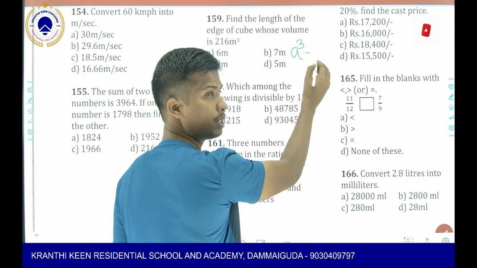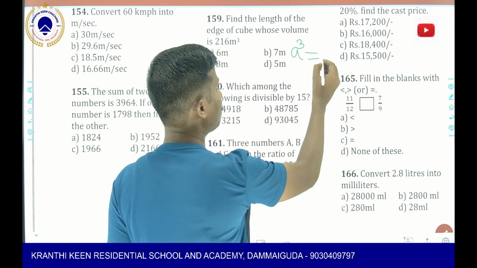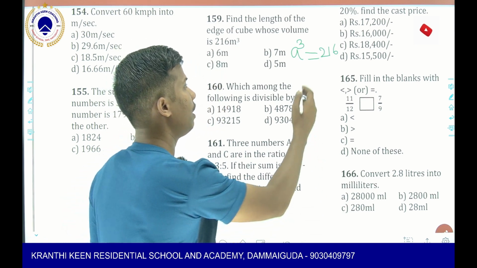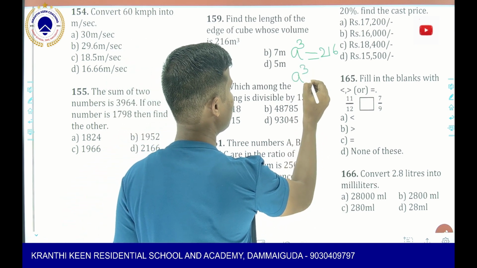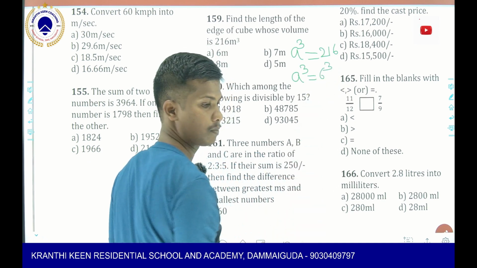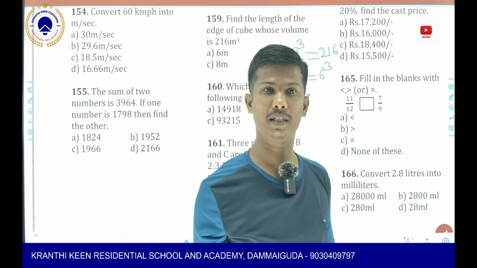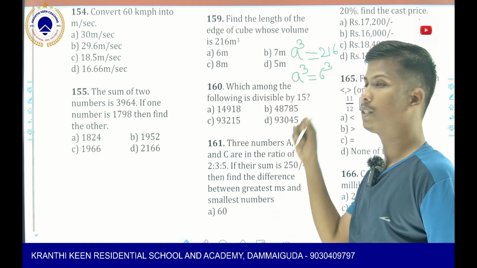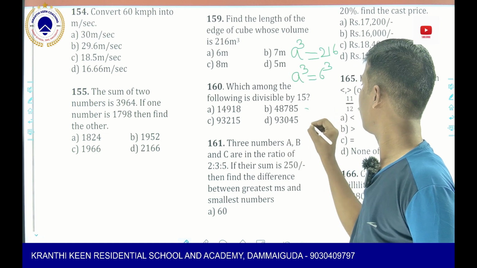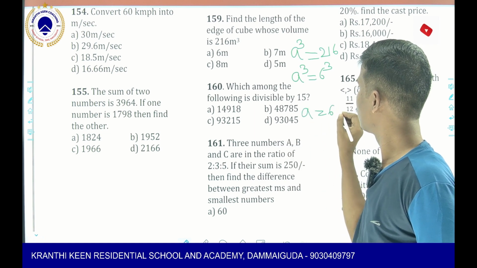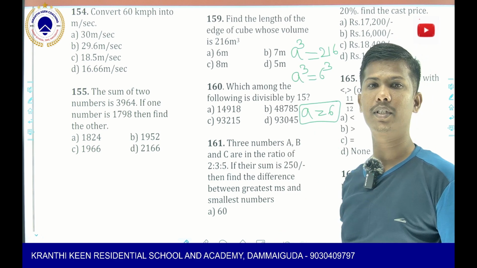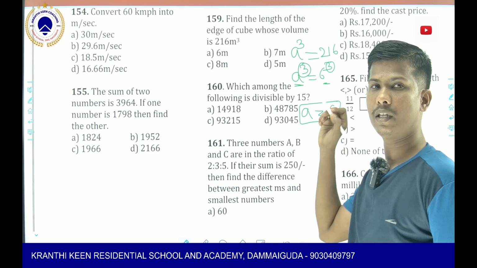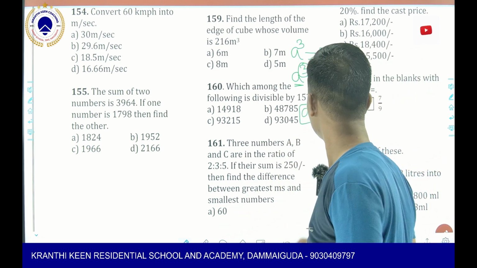A cube is equal to how much is given? 216. 216 can be written as 6 cube. Now A cube is equal to 6 cube. Now what will be A? A is equal to 6. In an equation, if the powers are equal, then the bases will also be equal. So A is equal to 6 only.